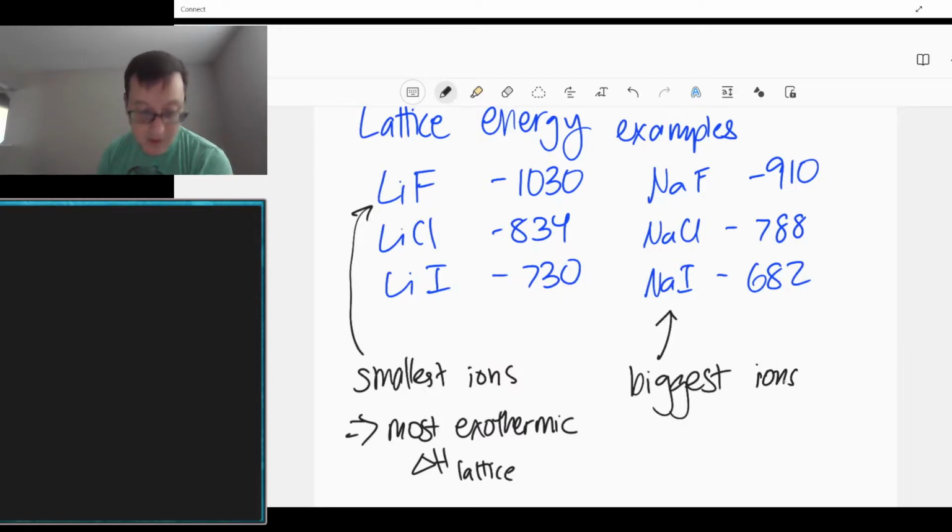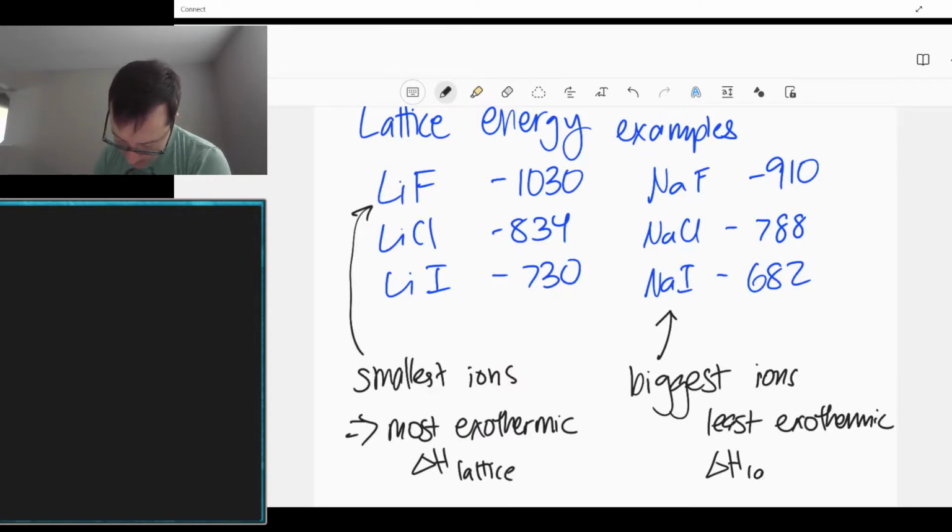This one, the sodium iodide, is the biggest ions, and it has the smallest, least exothermic energy.